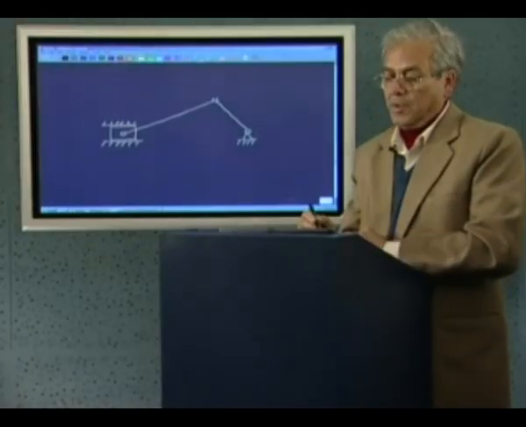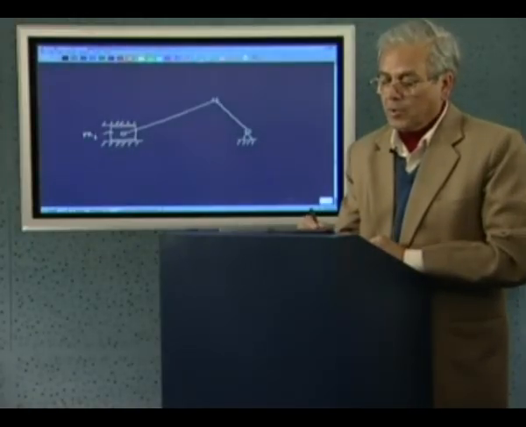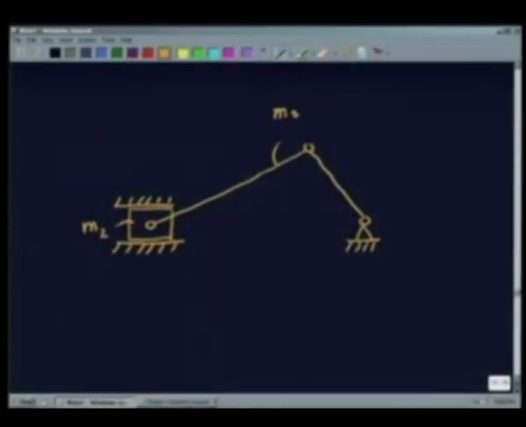How do you find it out? The mass of this is given as m2, the mass of this is given as m3, the center of mass is c3, and the moment of inertia about an axis passing through the center of mass for the third body, or coupler, is Ic. Of course, I will not need that now. This can also be given some mass and some moment of inertia. But the motion is given, that means I know the velocity of this. So this has an acceleration a.